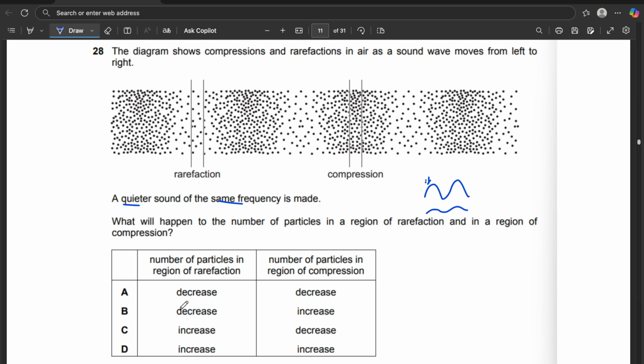So it's either C or A. And for particles in rarefaction, because the number of particles stays the same, it has to be constant. And in compression, it decreases. So in rarefaction, it would have to increase. So C.